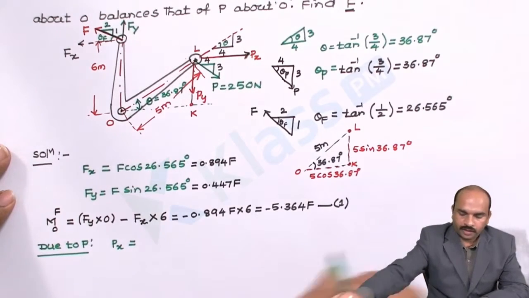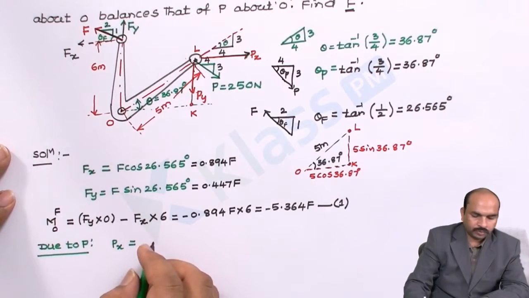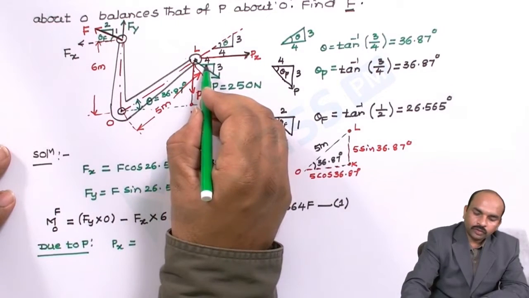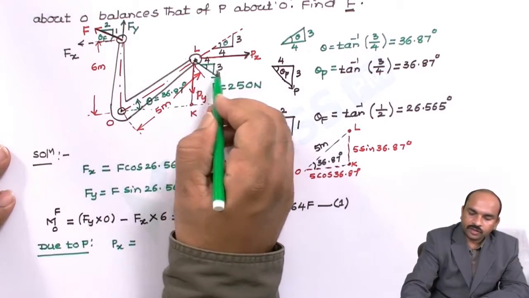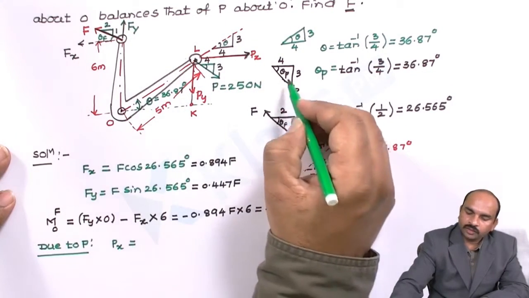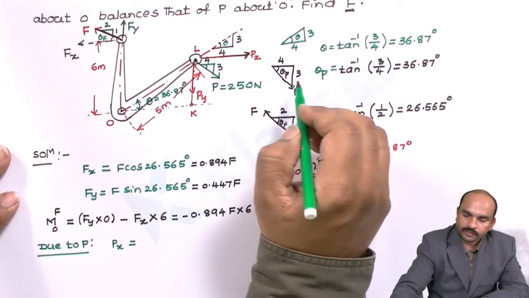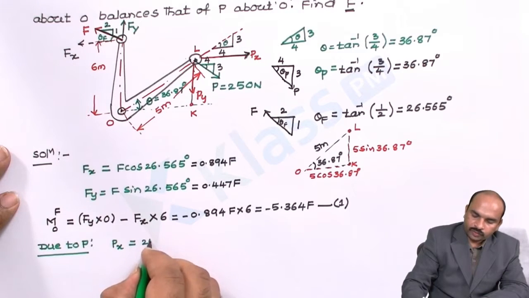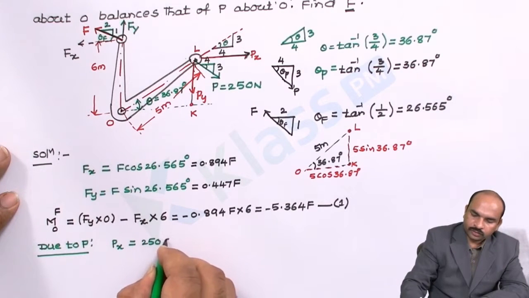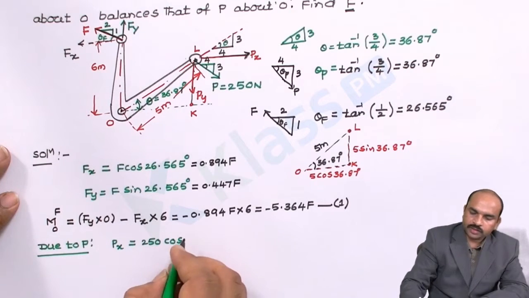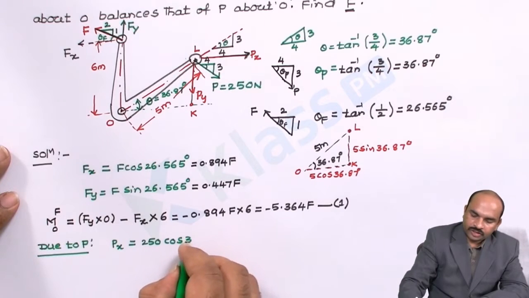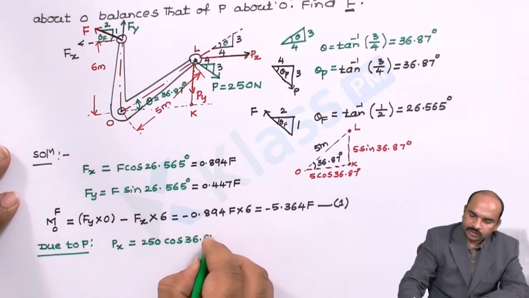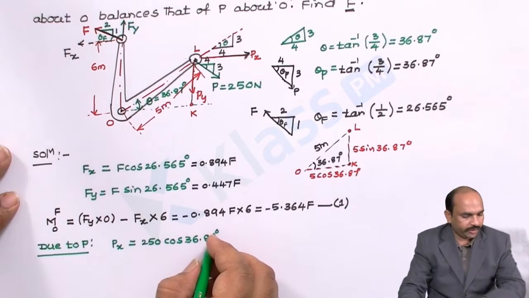So Px is, we know the angle of P with horizontal, P is 250 cos 36.87 degrees.